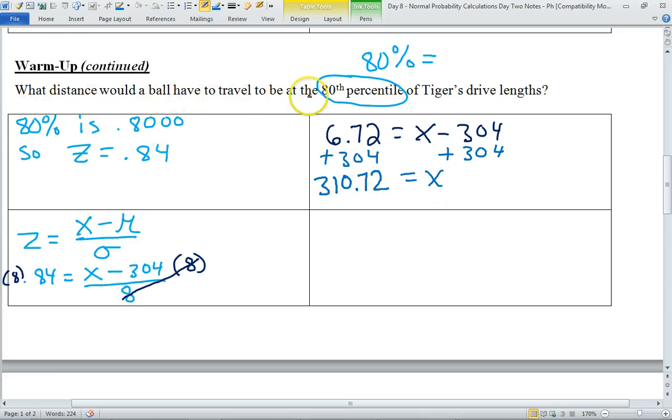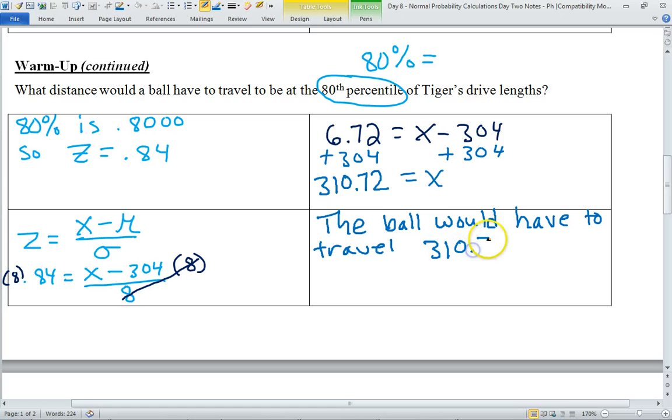So what distance would the ball have to travel to be at the 80th percentile? Alright, and I know this is the space where we're supposed to have a summary statement. So the ball would have to travel 310.72 yards to be at the 80th percentile.